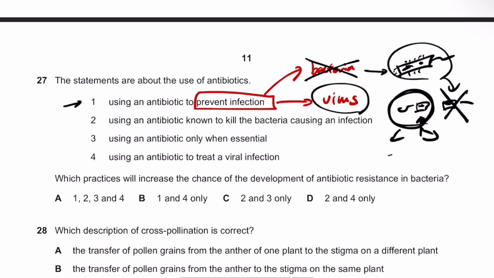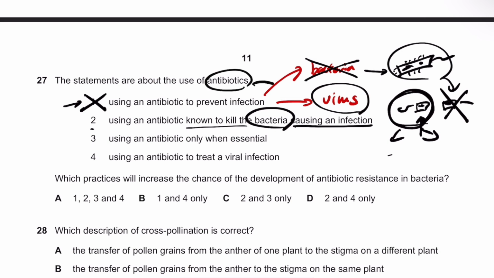So anyways, back to this question again. Preventing infection is quite vague, so I would say this cannot be the answer. But if you look at number 2, it says using an antibiotic known to kill the bacteria causing an infection. Yes, antibiotics can kill bacteria. So we should only use antibiotics when the cause of the disease is identified.